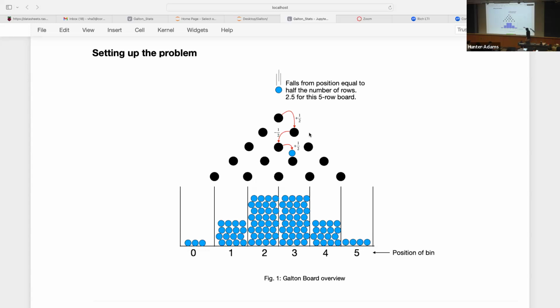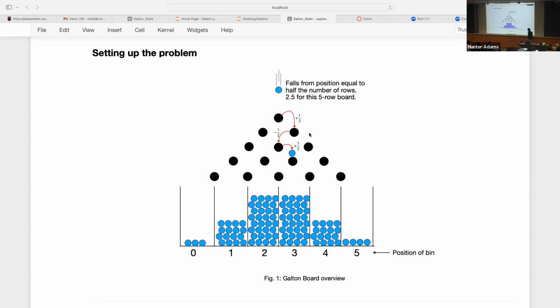And we will imagine that our ball drops into the middle of this board, always at a position equal to the total number of bins divided by 2. So in this case, that ball is falling at position 2.5.